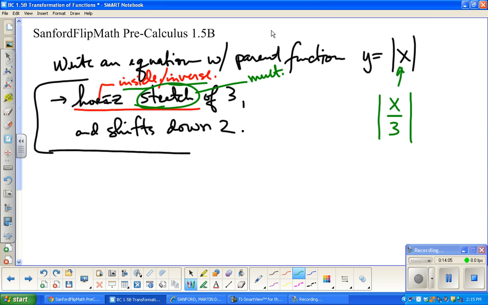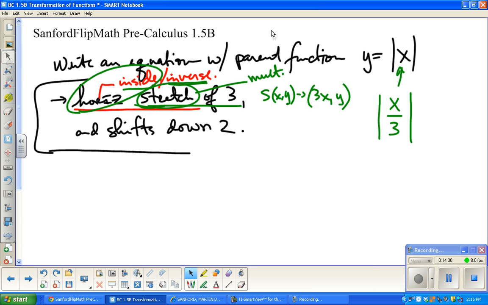Again, if it's horizontal, it's inside. It has to be inverse, so a stretch of 3 means we would multiply the x values by 3. If we were going to have notation for this, it would look like that. So inverse inside, multiplying by 3, so dividing by 3.